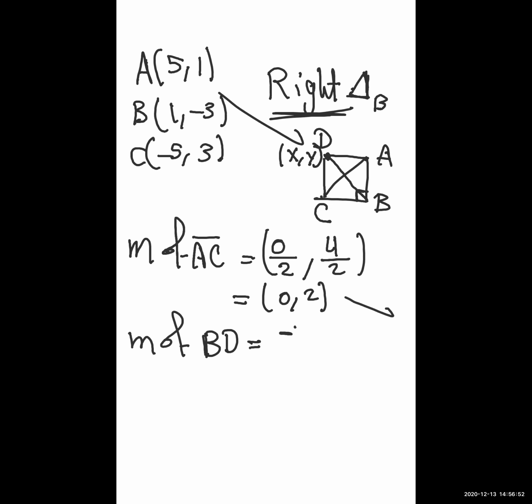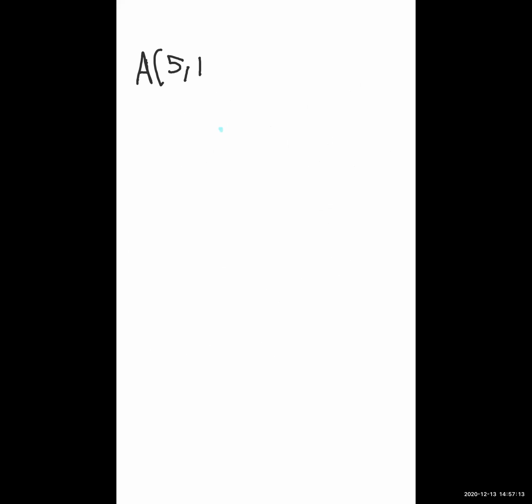Over 2 and negative 3 plus 3, so it will be 0. This is BC, guys. I want BD. Sorry, I'm mistaken. There is one mistake here. BD. B, I mean this one.